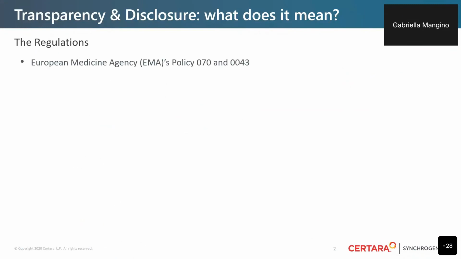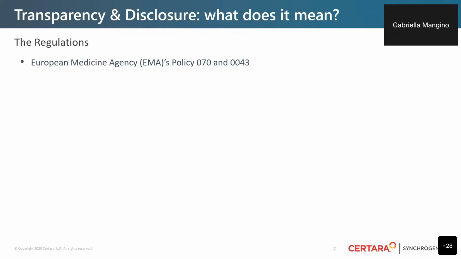We have EMA's Policy 70 and Policy 43. Policy 70 requires sponsors to publish anonymized versions of CSRs, clinical study reports, and submission documents submitted in support of any MAAs, marketing authorization applications, starting in 2015. So this regulation has been around for a few years now.